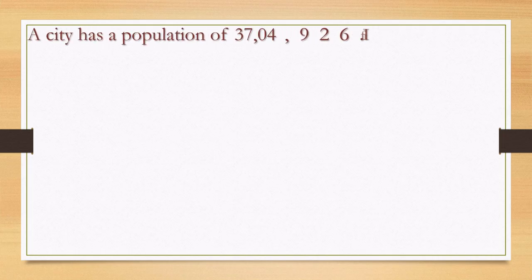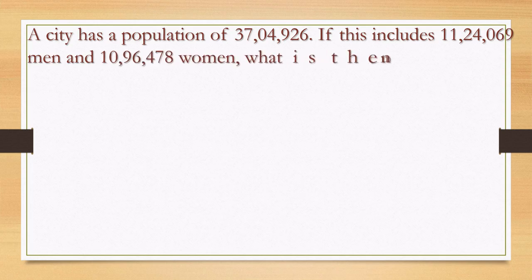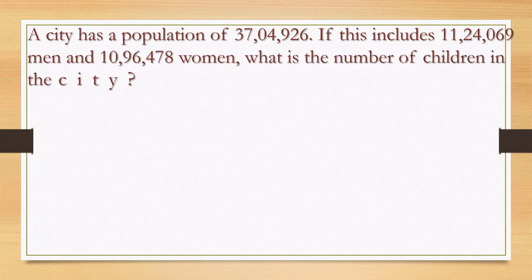Dear children, you will learn to solve problem sums. Okay, here is one problem sum. First we will read this, then we will understand, then we will solve the same sum. A city has a population of 37 lakh 4,926.